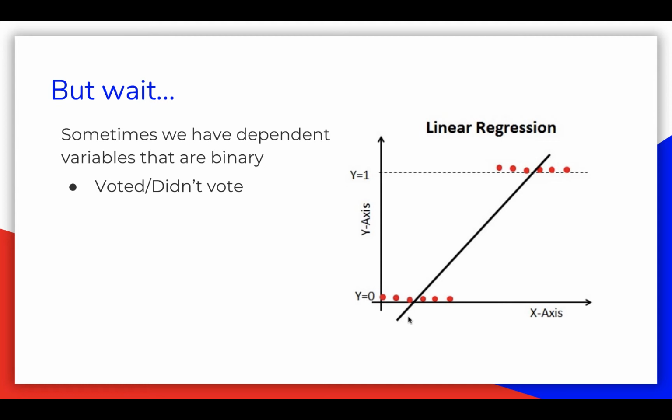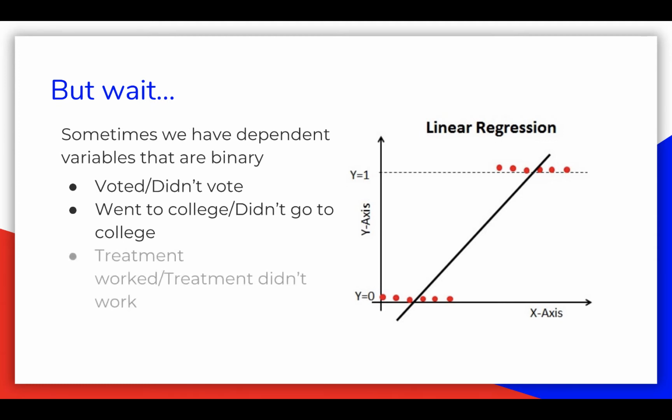We have lots of dependent variables just like this. For instance, vote or didn't vote. This is a common one in political science literature, where we ask people in the previous election, did you vote or not? We also have things like whether someone went to college or didn't, didn't go to college being 0 and going to college being 1.